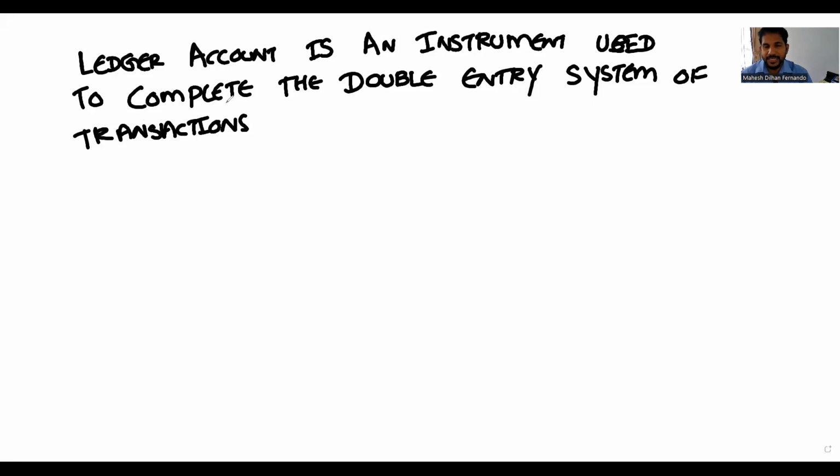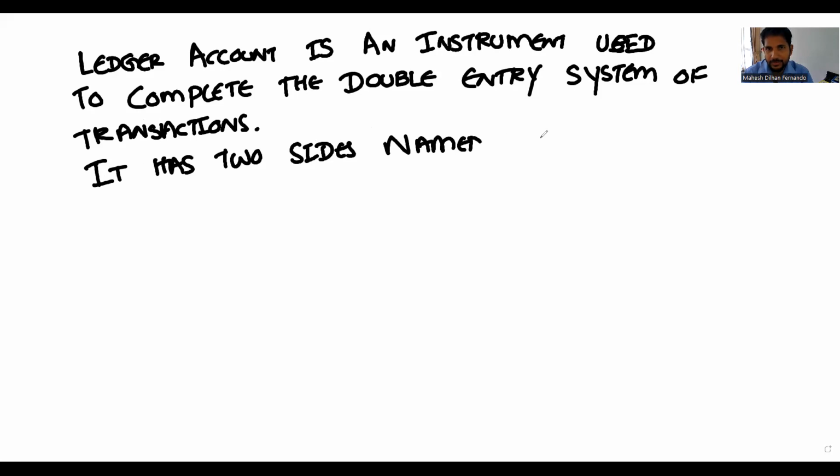Complete the double entry system of transactions. It is the instrument used to record the double entry system of transactions. It has two sides named, with a red pen, debit and credit.